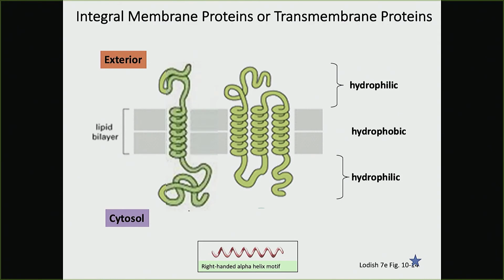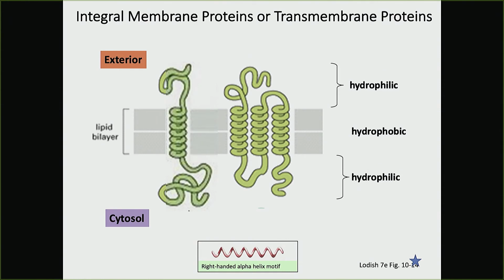Here, the first type, the transmembrane or integral protein, passes through the membrane, and the middle portion, the domain that spans the lipid bilayer, naturally forms alpha helices. These are the hydrophobic part.